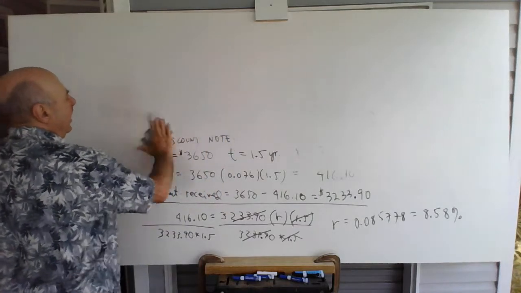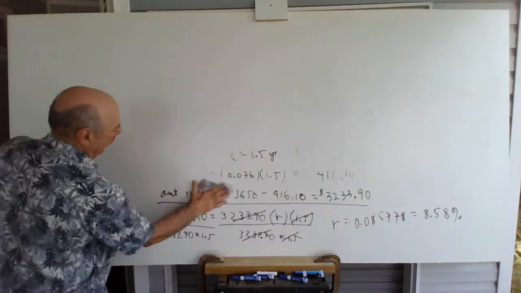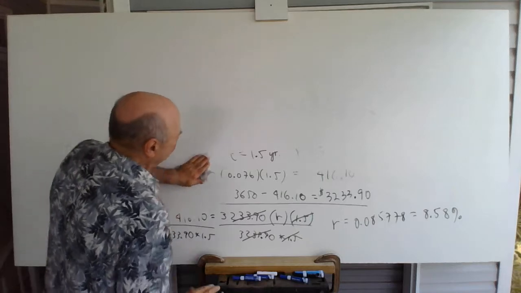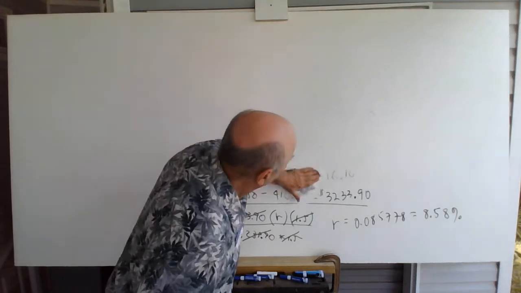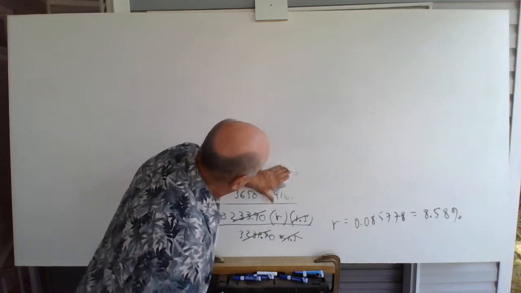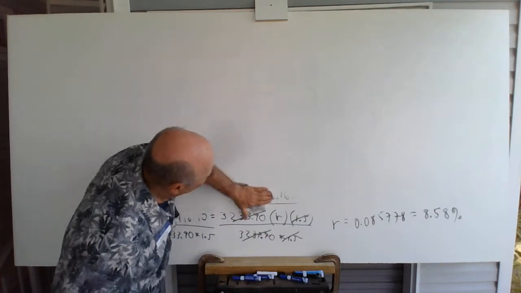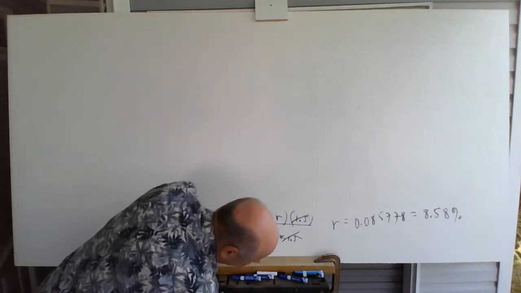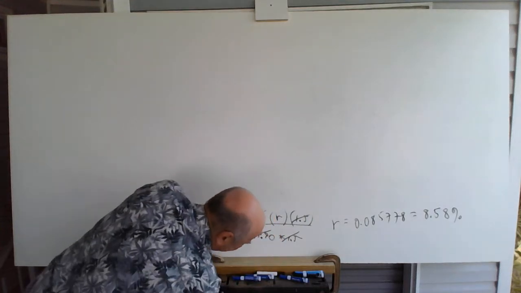What we're going to talk about lastly is a simple interest loan where there's a partial payment. Partway through, we're going to make a partial payment, so we have to readjust.